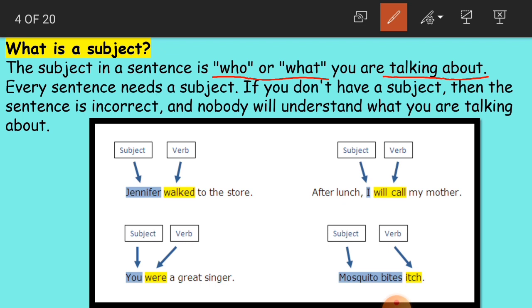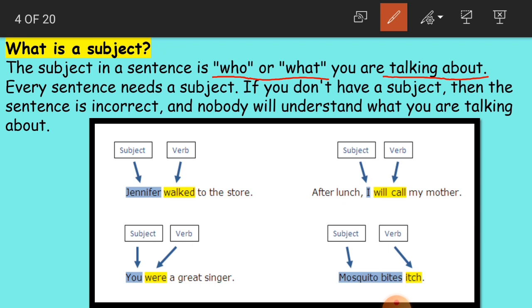So the subject is about what we are talking and who is there as the main person or thing in that particular sentence. Who or what you are talking about, that becomes the subject.